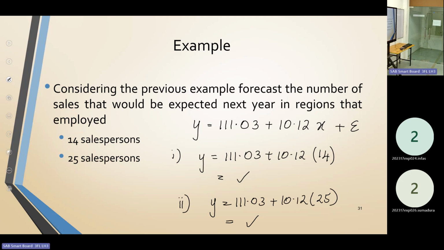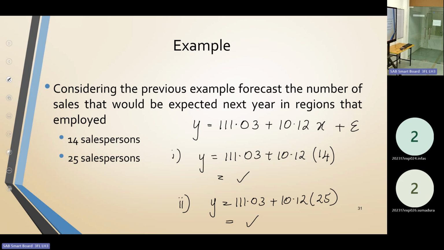So now, when we forecast, we are saying through our model that if you use 14 salespeople, your sales will be this much. When you forecast, you should be able to say how sure you are of that forecast. We can't go for a 100% perfect forecast. Maximum 99.99% you can go, but not 100%.